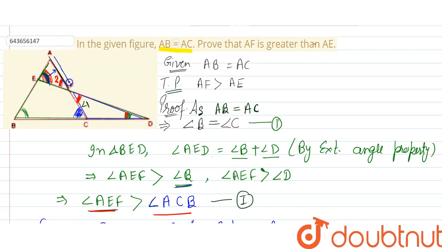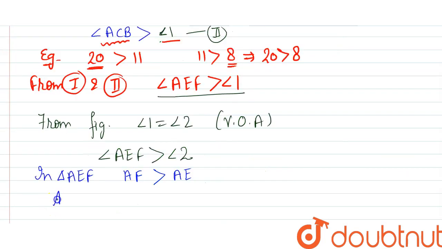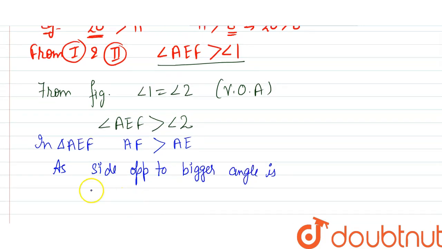This AF will be longer than AE, the side opposite to the smaller angle. And you can write the reason as: the side opposite to the bigger angle is longer. So this is the result which you wanted to prove.